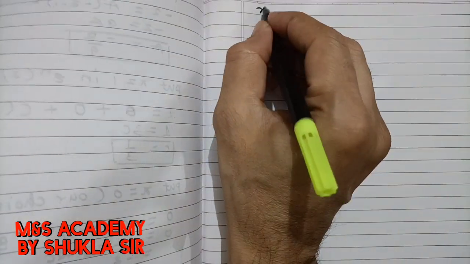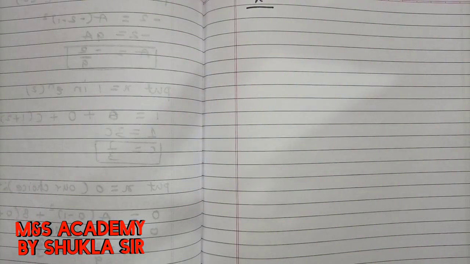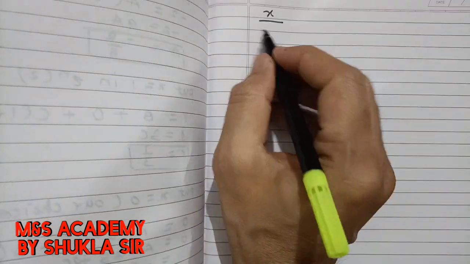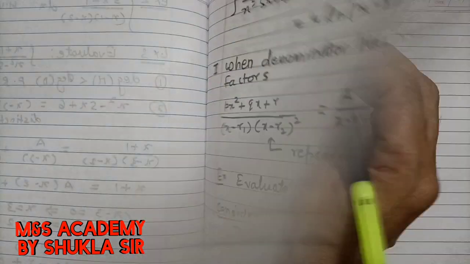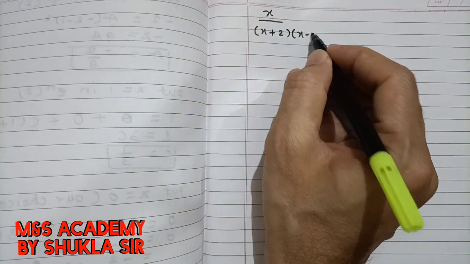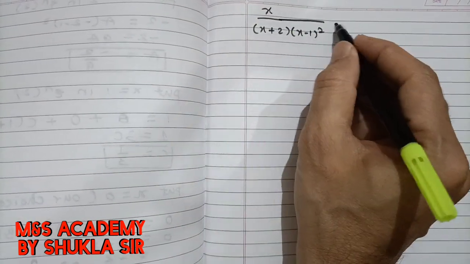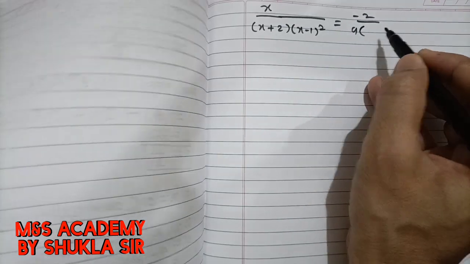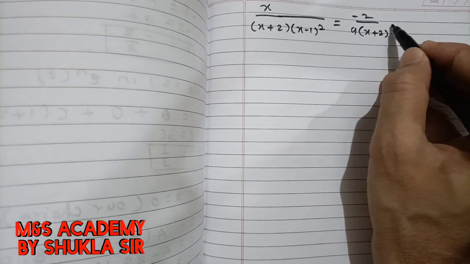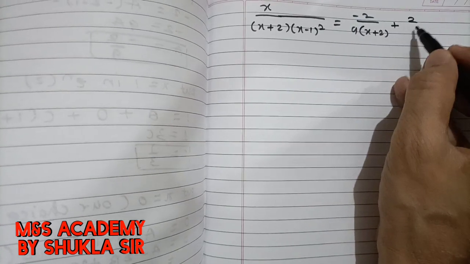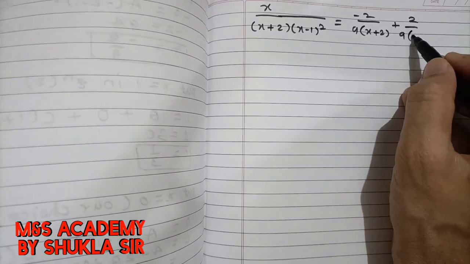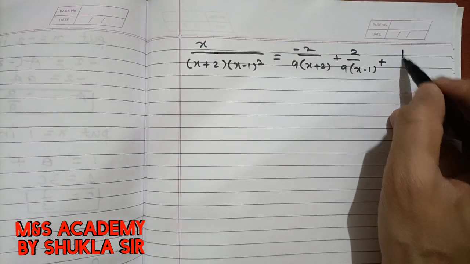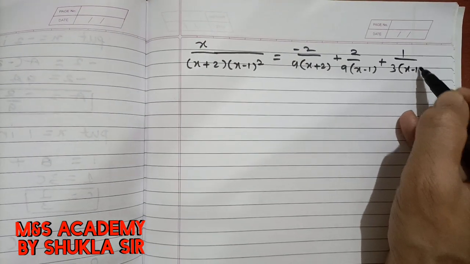So x by (x plus 2)(x minus 1) the whole square is equal to a is minus 2 by 9, you can write x plus 2 in the denominator, plus b value is 2 by 9, you can write x minus 1, plus c is 1 by 3, you can write here x minus 1 the whole square.